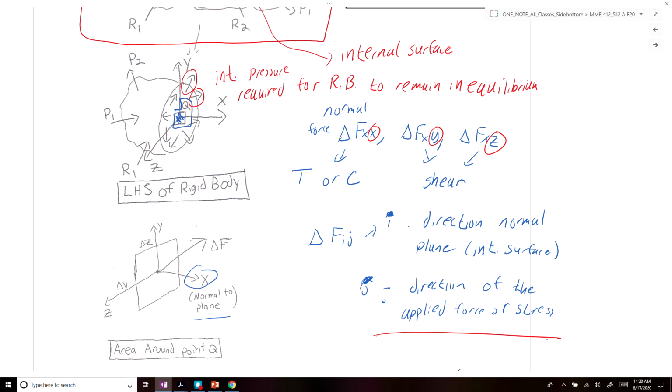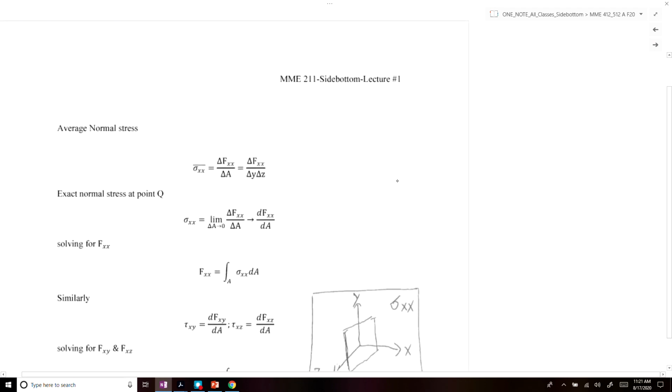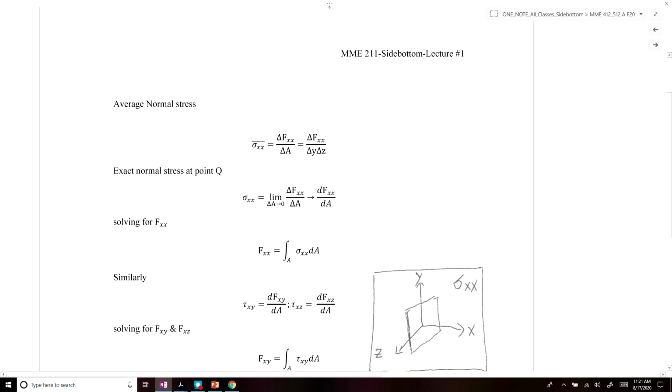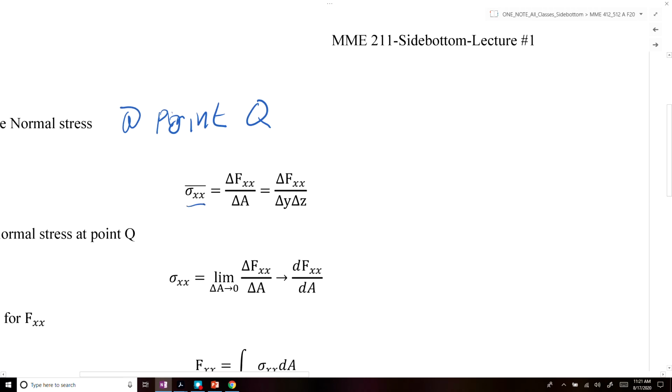Using these equivalent concentrated forces, we can define the average stress over that surface element, or over point Q. Our average stress sigma xx bar at point Q would be equal to delta Fxx divided by the area.